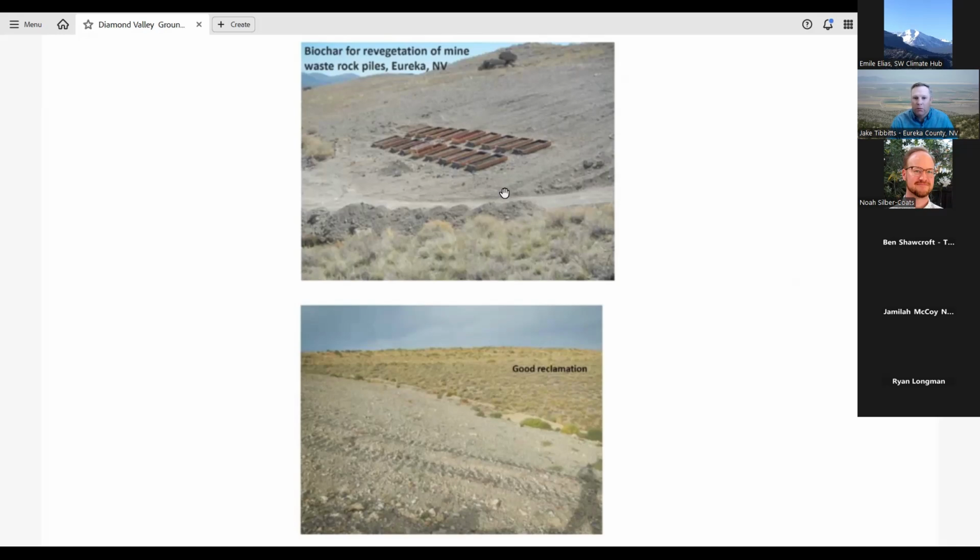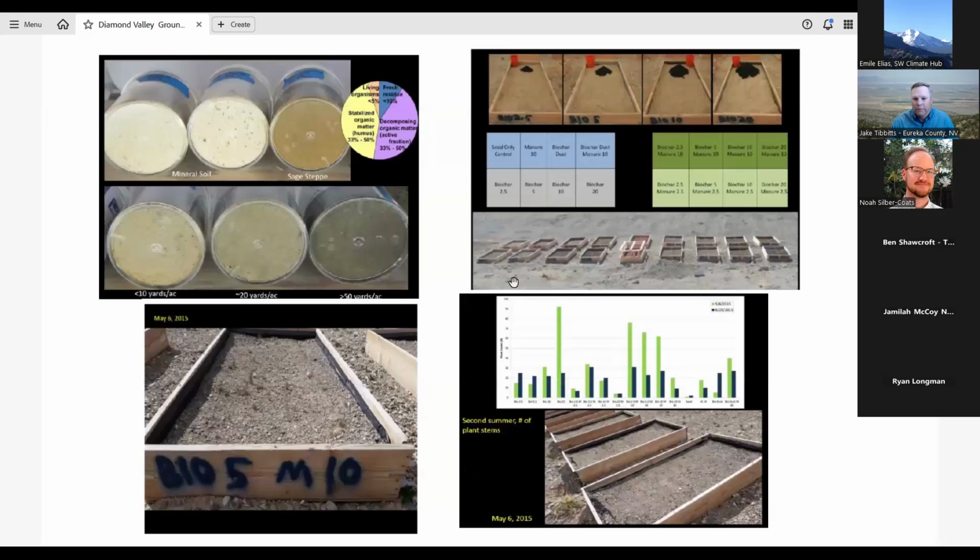And we put in these various research plots called mesocosms where we did various concentrations, various treatments with biochar and compost to help reclaim some of those dumps, again, mostly in trying to increase the soil moisture holding capacity. Some of it was research driven, but applied research. We were trying to learn the best application and then do that more broad scale.